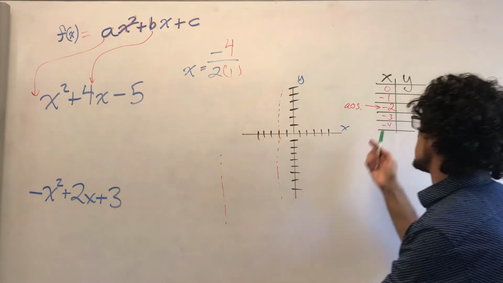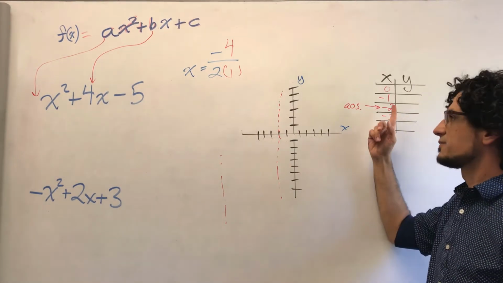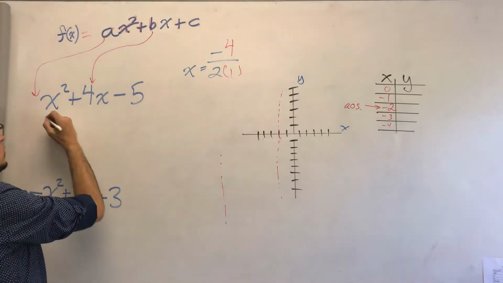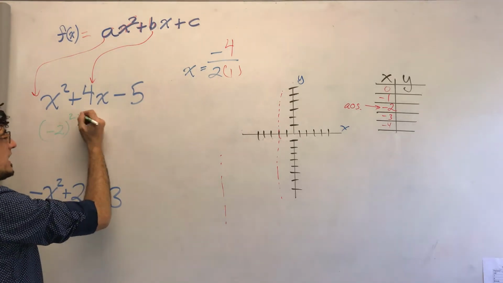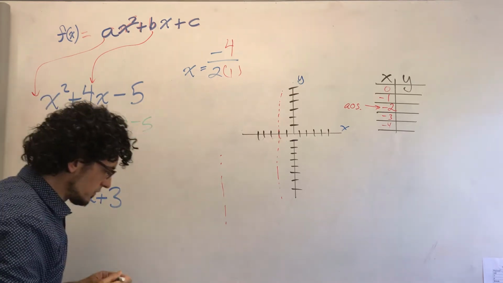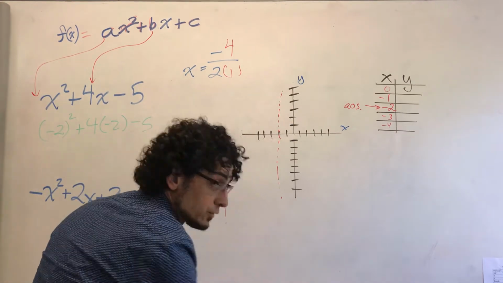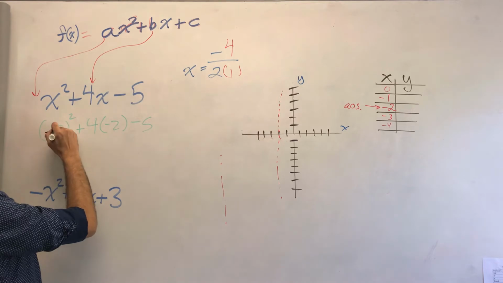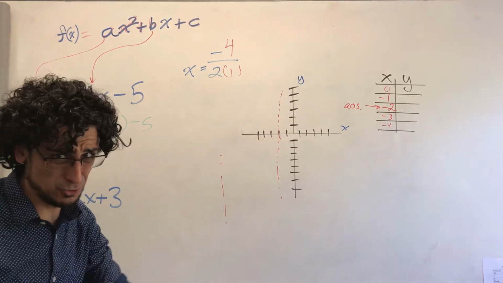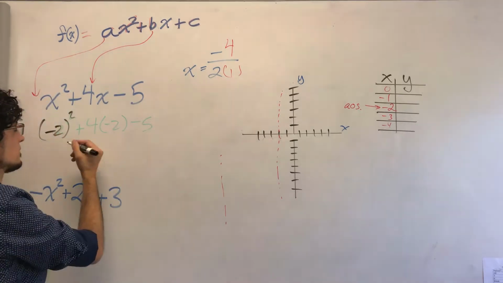I need to plug in these numbers now. So I'm going to start with -2. I have to take -2 and plug it in for the values of x. Please don't forget, when you're plugging in -2 squared, remember you're doing -2 times -2, and -2 times -2 is a positive 4.